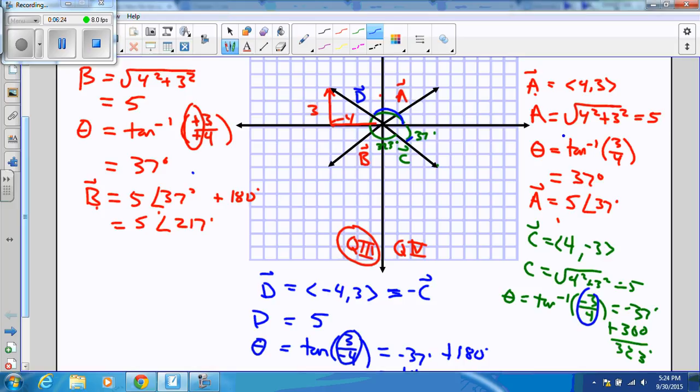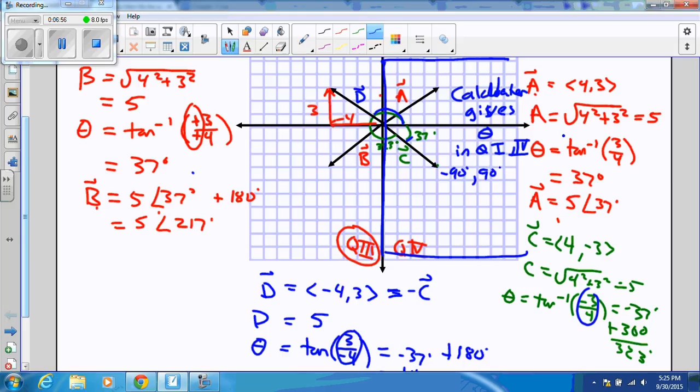Well, you say, okay, that was interesting, but how do I know when I should add 180 degrees and when I shouldn't? Well, it's actually very easy. The calculator will always give angles in quadrants 1 and 4 only. These quadrants right here are the angles that we're going to get.